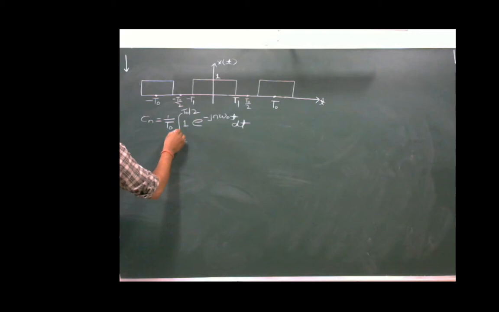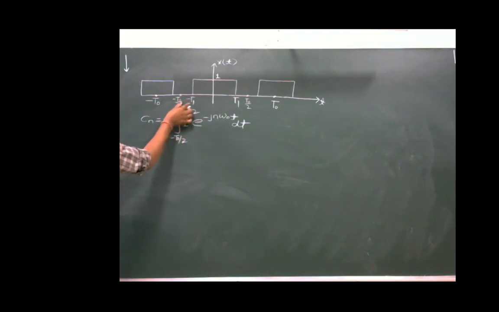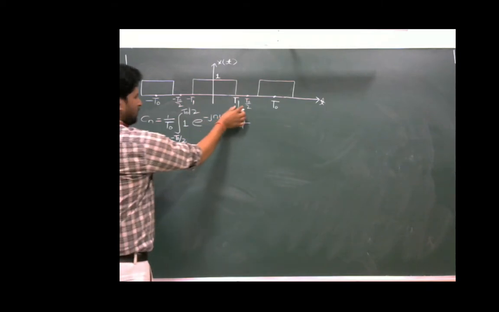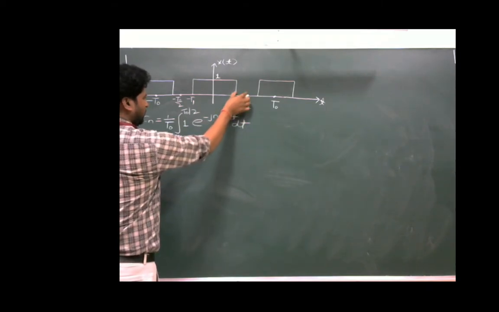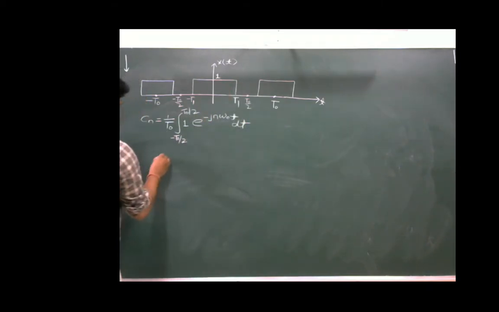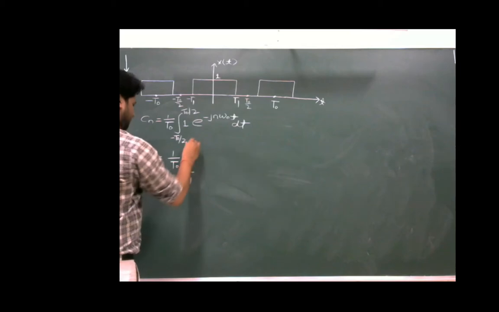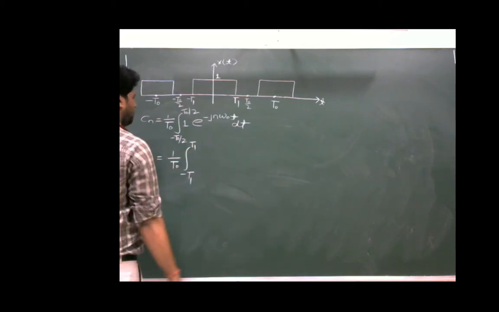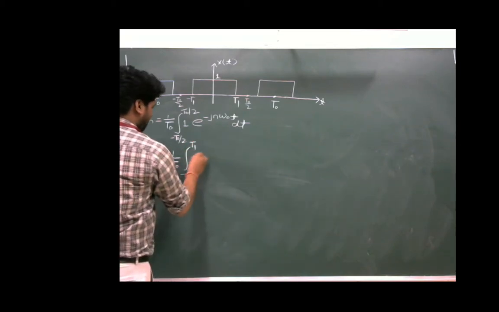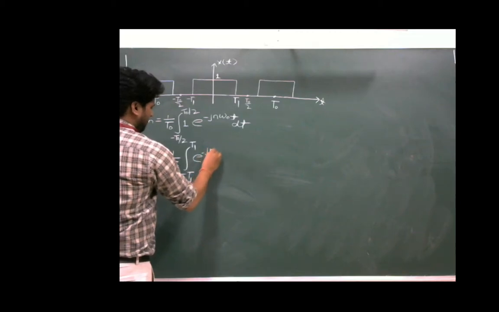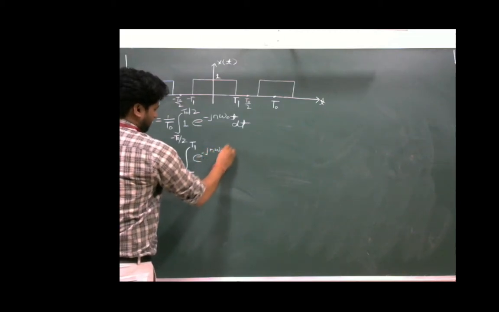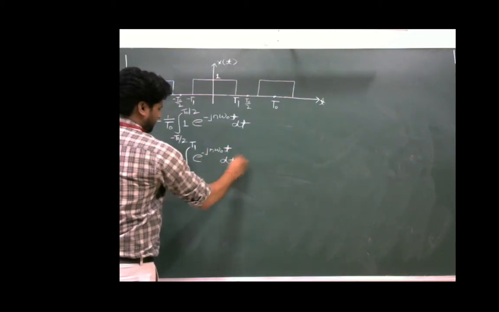Further, because from minus t naught by 2 to minus t1, the value of the signal is 0, and from t1 to t naught by 2, the value of the signal is 0, we can put the limit from minus t1 to plus t1. Minus t1 to plus t1 e power minus j n omega naught t dt.